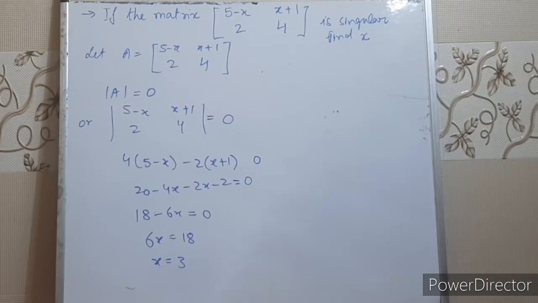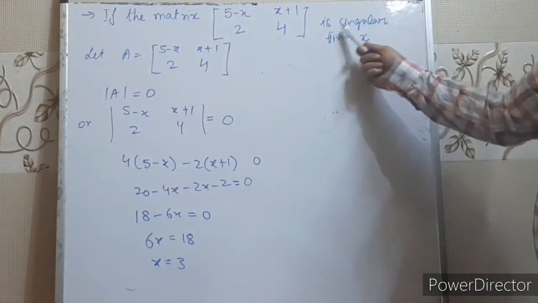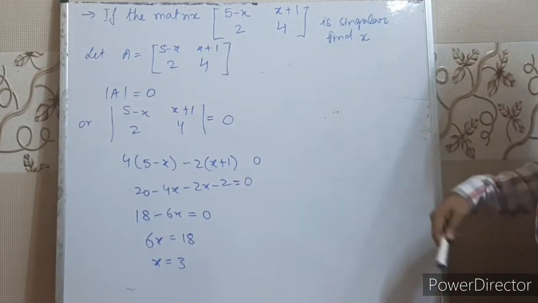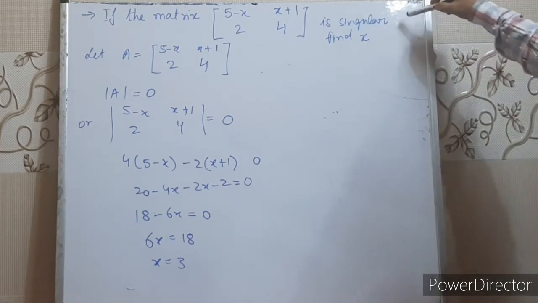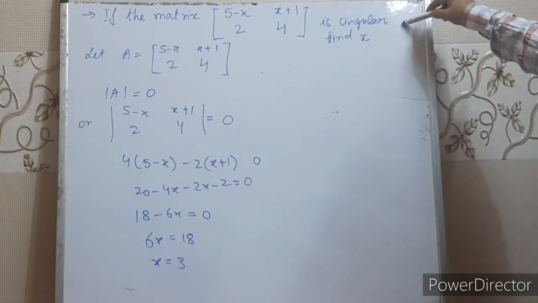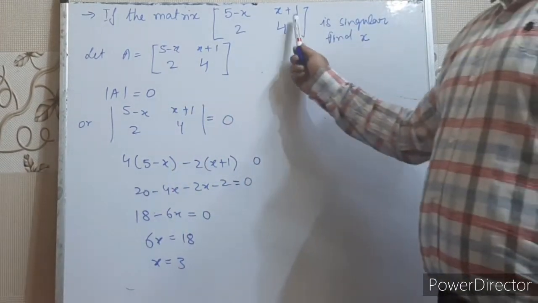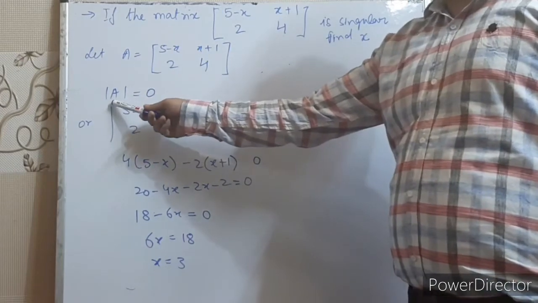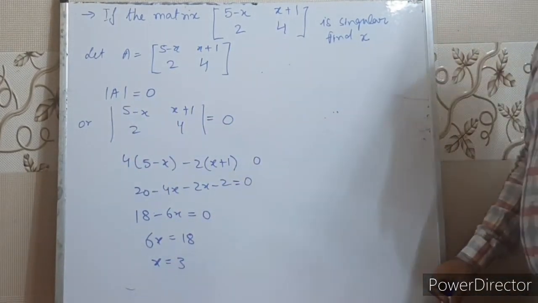Let's see few sums, children. Here it is given that if the matrix is singular, then find the value of x. We know the definition of singular matrix: any matrix is singular when the determinant of that matrix has value 0. So we assume this matrix as A, and we say that the determinant of A is 0 because it is given that A is singular.